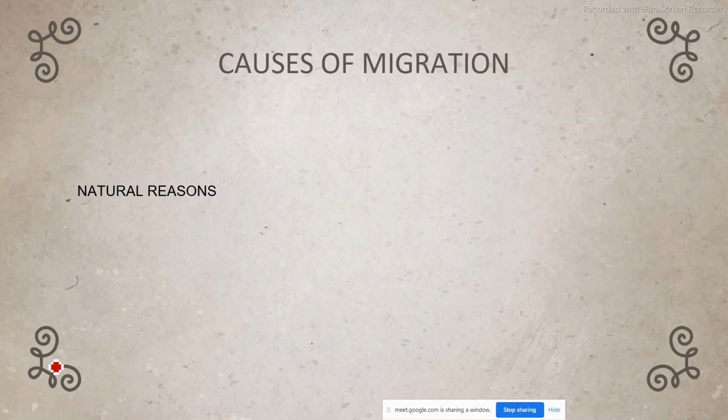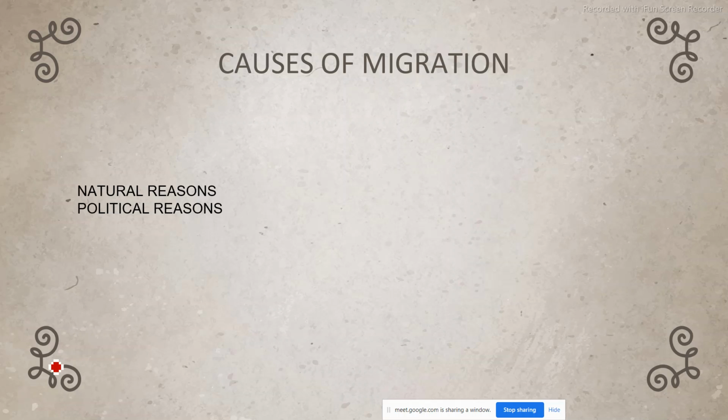Now next is the political reason. Political reason means there are certain times when, politically, people feel unsafe. Some political decisions taken by political leaders are not conducive for certain sects of people, certain communities.